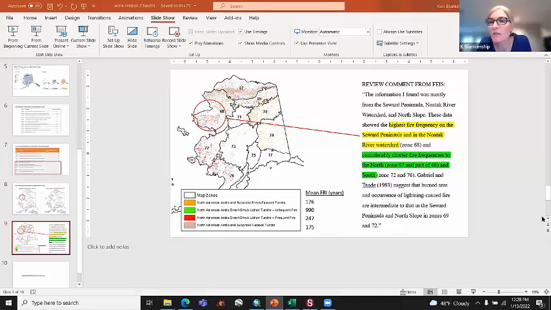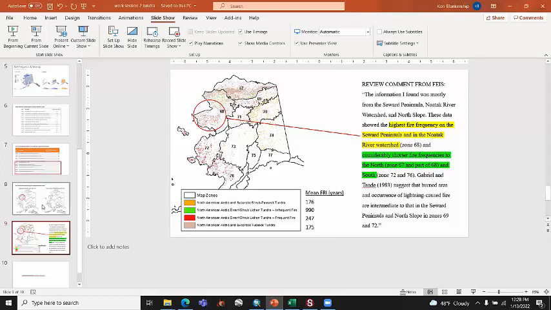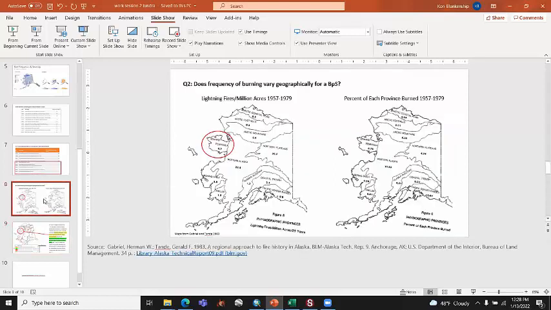I have Eric with a hand up. Thanks. I have some comments on the North Slope, that 67 we're seeing on the screen. If you could go back to the previous slide, there have been basically no fires in the Arctic coastal plain. So there really isn't a fire return interval, because you need at least 2 fires in succession to have an interval.